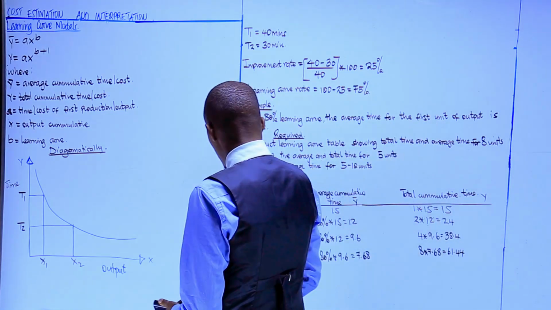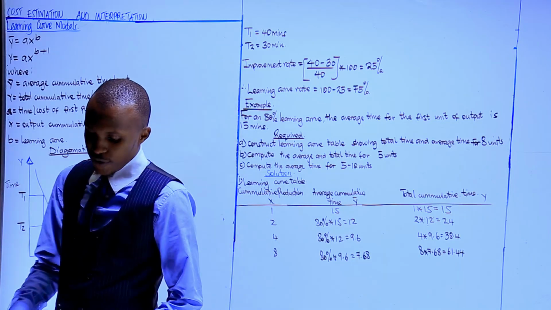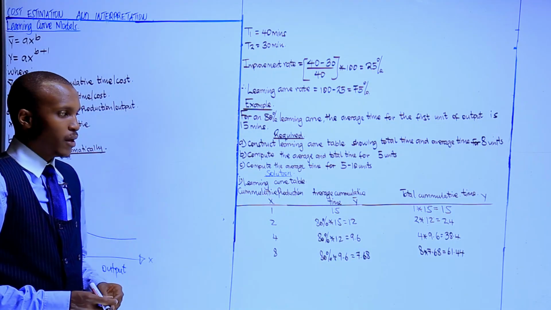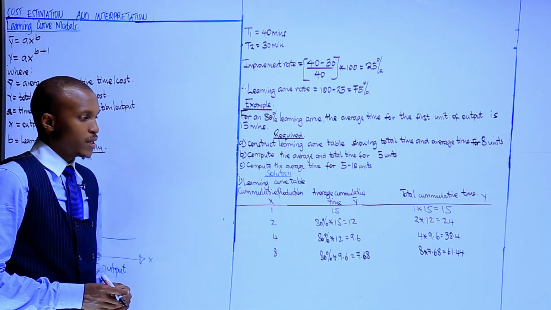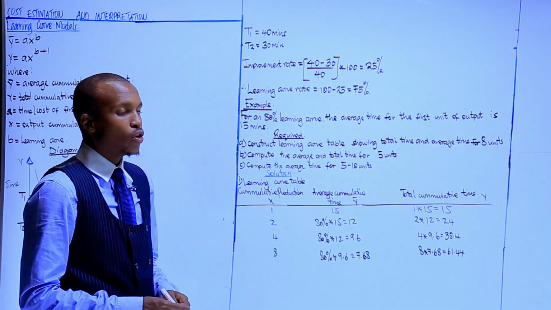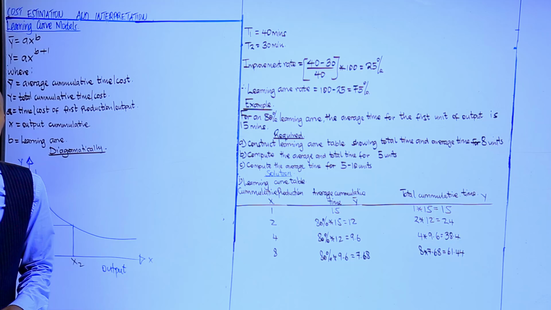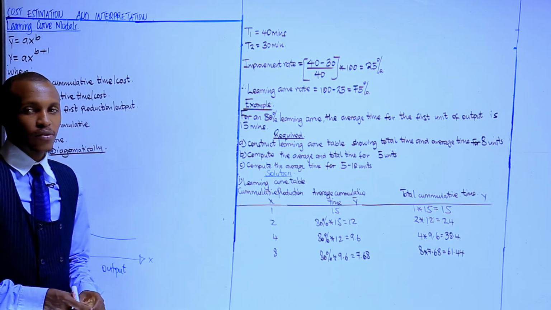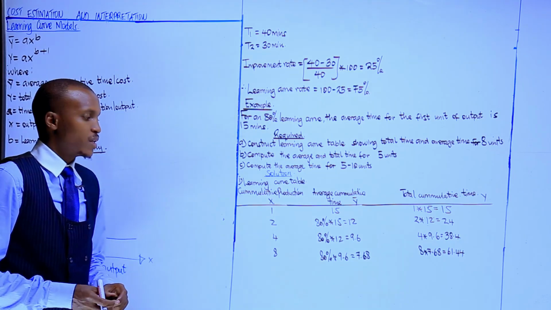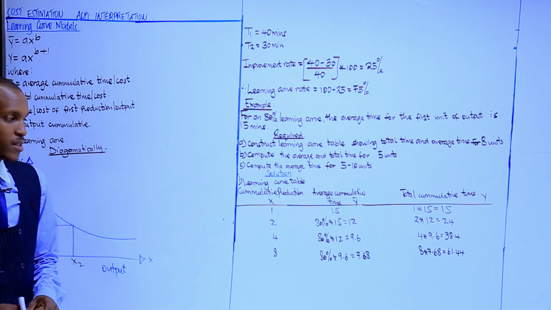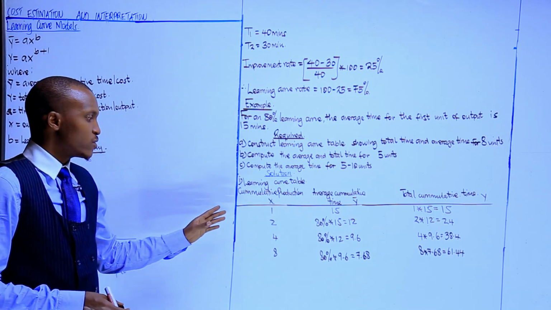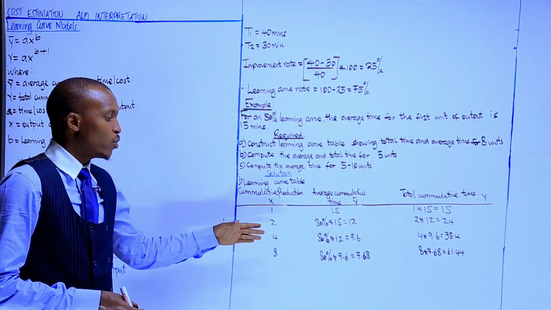So the total time for the first 8 units is 61.44, with an average of 7.68 minutes.